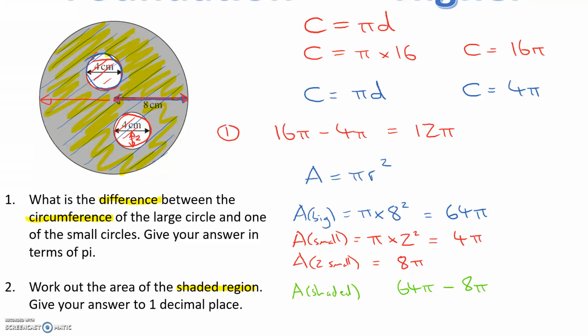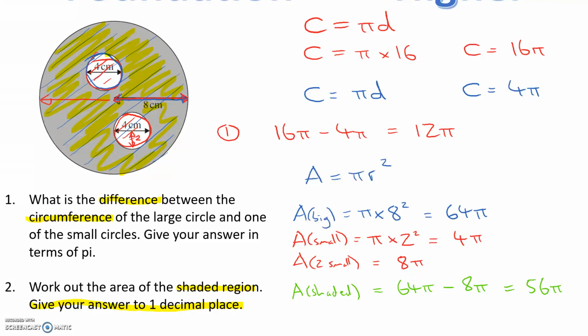So the area of that shaded region is 56 pi. That is in square centimetres. But this time it says give your answer to 1 decimal place. It does not say give your answer in terms of pi.